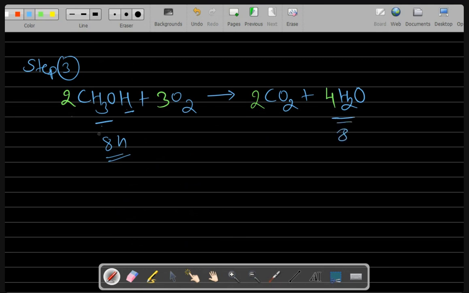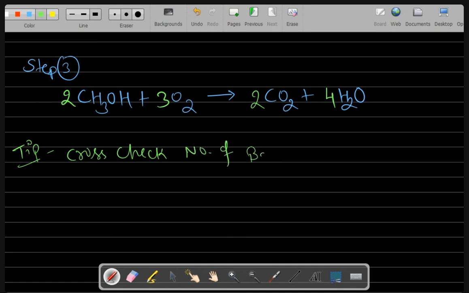Okay, balanced. Now the oxygen atoms. Cross-check the number of balanced atoms.